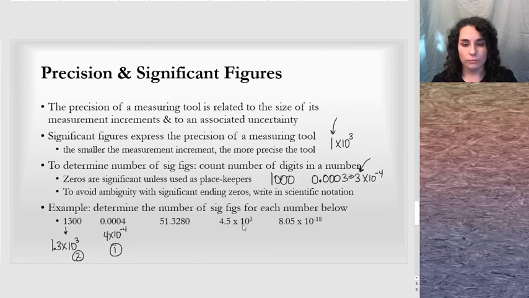Okay. In this situation, 51.320 point 80. Very interesting, right? We have this 0 out here behind everything. Because it's behind the decimal place, there's no reason to have that 0 out there unless you specifically measured it. That's what I'm going to note in this situation, that that 0 is there because it is significant.